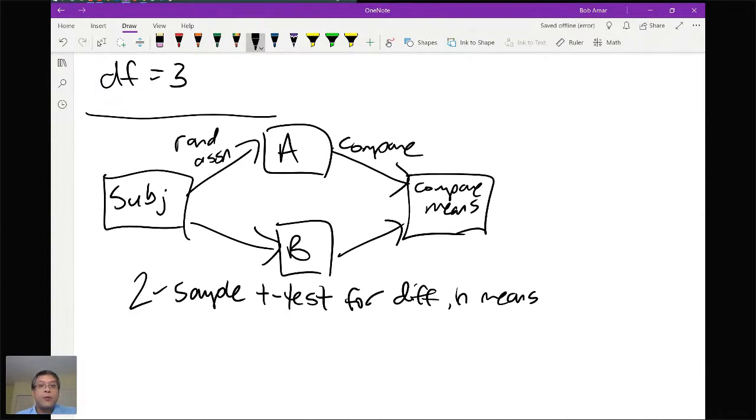So you use a 2 sample t-test for a difference in means when you have a completely randomized design.